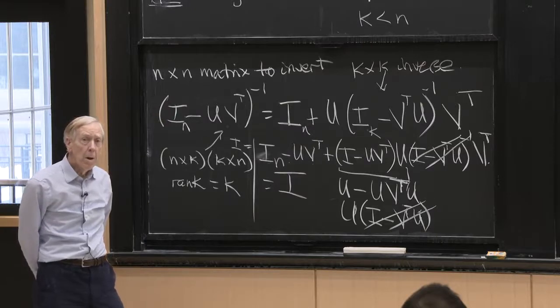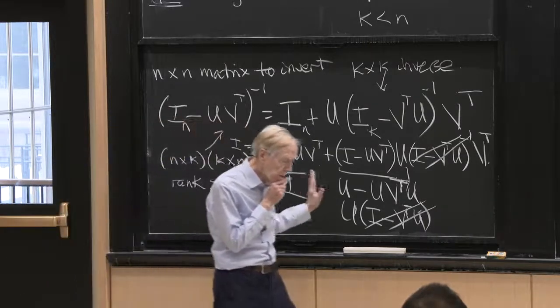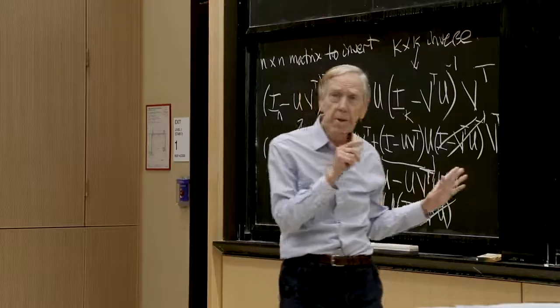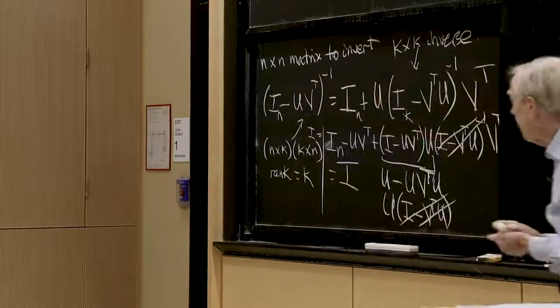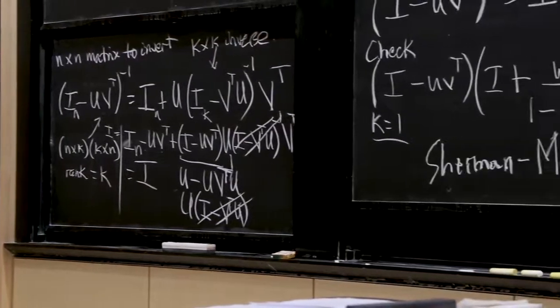So now it's a fair question, how did anybody come up with these formulas? We're proving them correct just by checking that they give the identity matrix. We should really think how to find the formula in the first place. I could go back to this one. How could you find that formula in the first place?